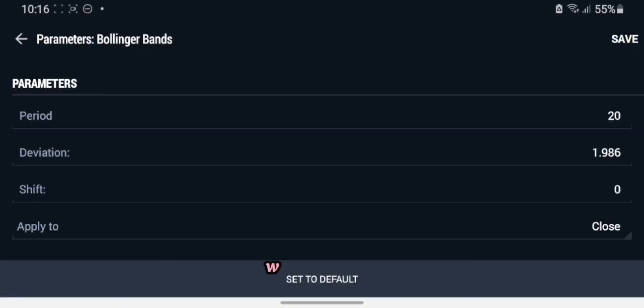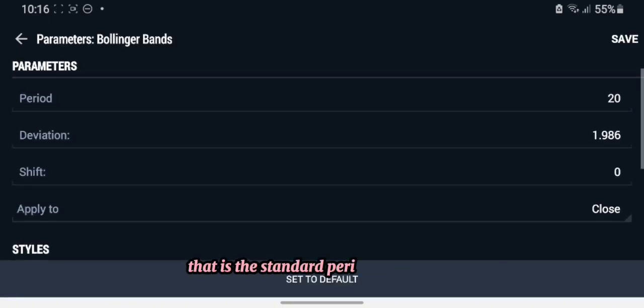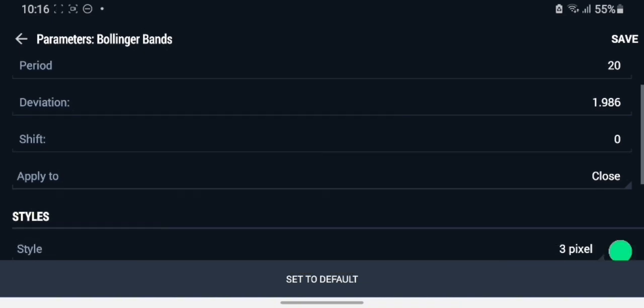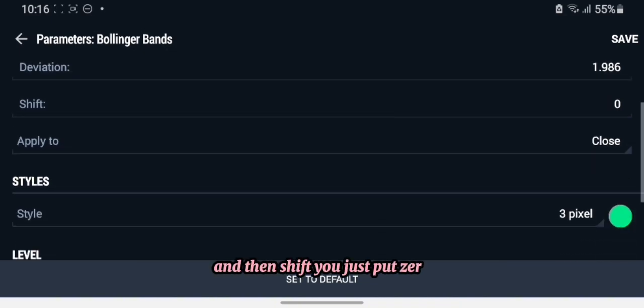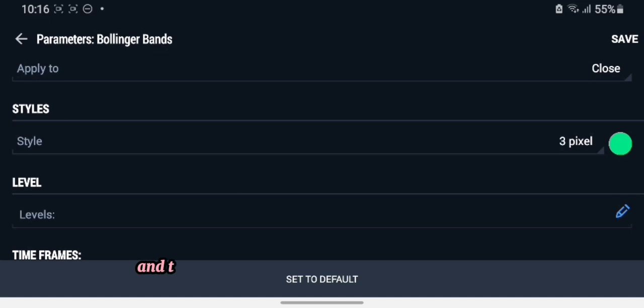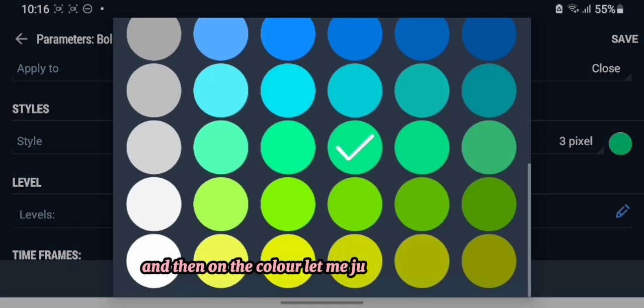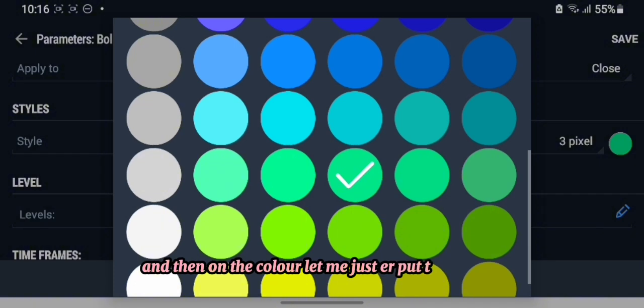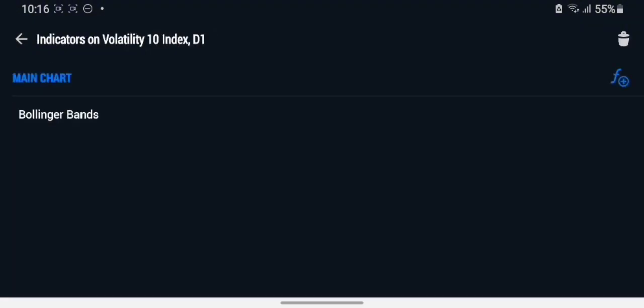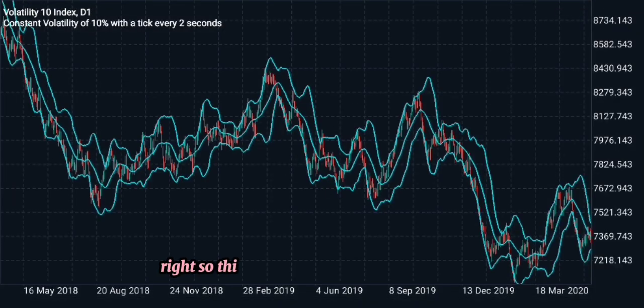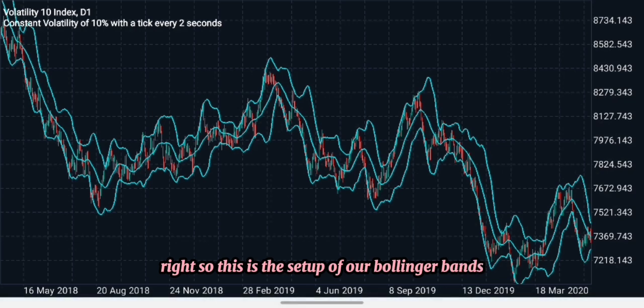On period, we select the standard period that we use, and then on deviation you can choose 1.986 or you can just choose 2.000, and then shift you just put 0, apply to close, and then the other things you just leave them as they are. And then on the color, let me just put this blue. Right, so this is the setup of our Bollinger Bands.